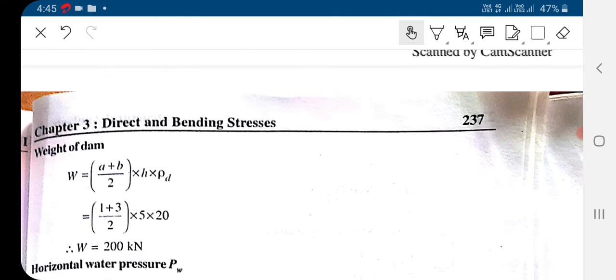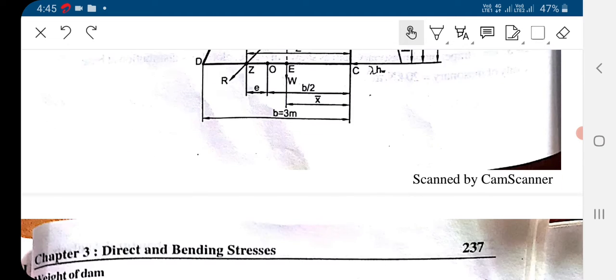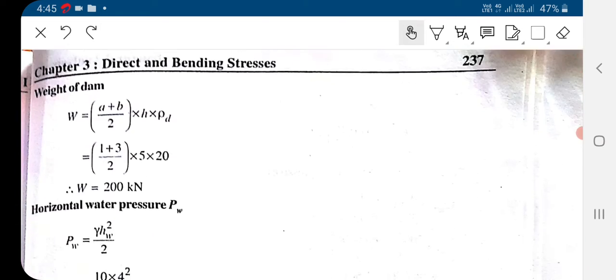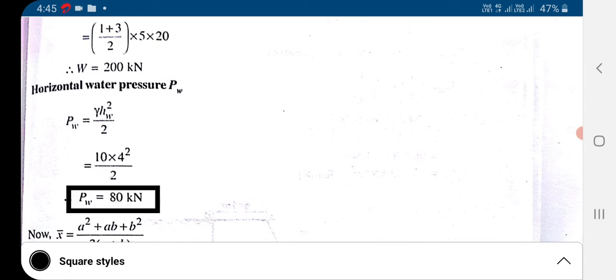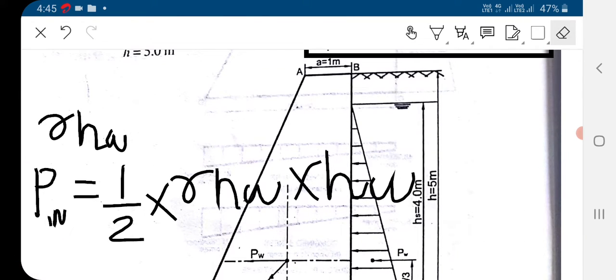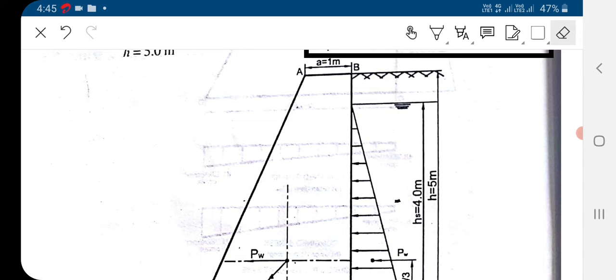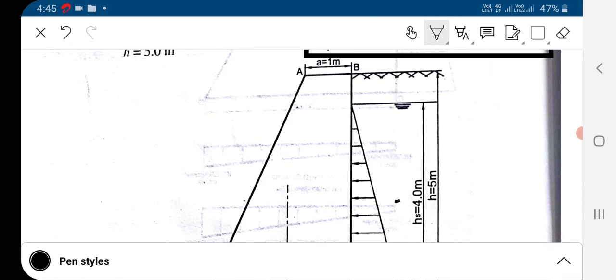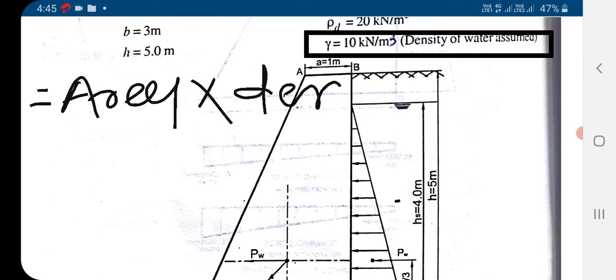Now we have to compute the second major force that is acting over this dam, and that is the self weight of the dam. The self weight of the dam is nothing but area multiplied by density.